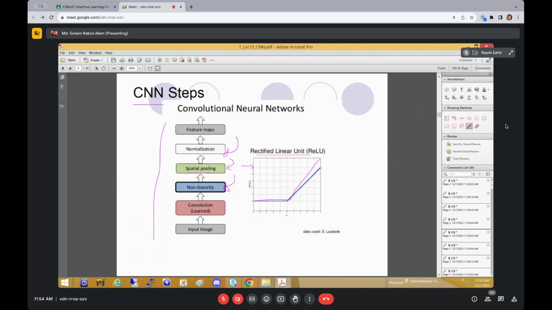That means we can perform some standardization operation to normalize those values, and then we will get the feature maps. So the input image, after performing the convolution operation, goes through these steps, which are a kind of pre-processing.